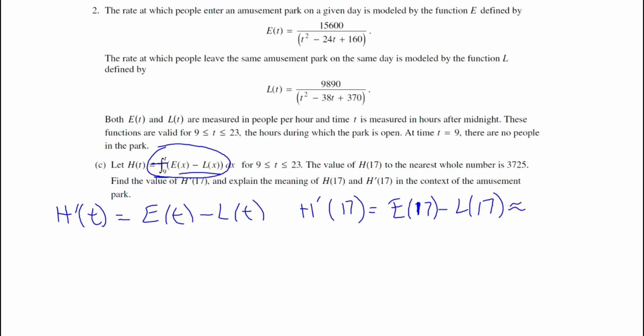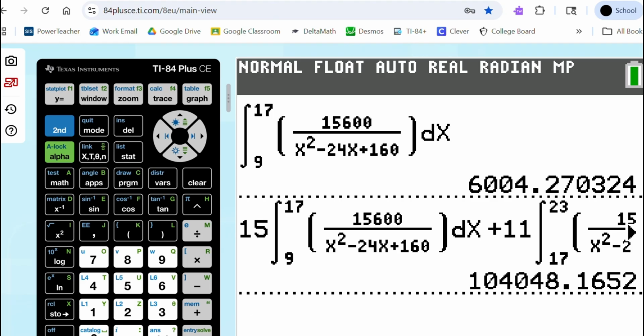And they want this, let's see, they didn't tell us to round this or anything. So we'll see what we get on our calculator. E of 17 is just going to be the original function at 17. So that's alpha x to get us a nice fraction, 15,600 over, well, now instead of typing x squared, we're just going to do 17 squared minus 24 times 17 plus 160.